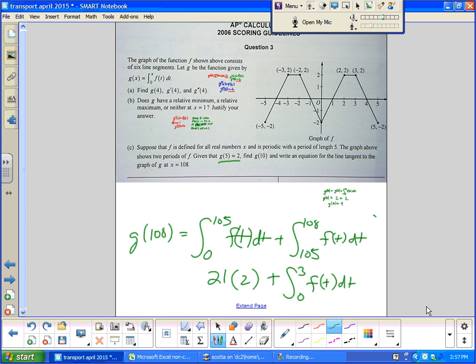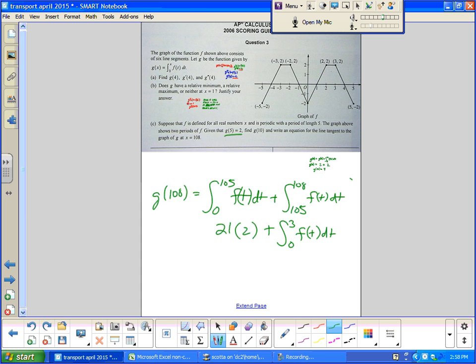If I do that, I can come up here to the graph, and I see these two are the same, so they cancel. And this rectangle underneath is 1 by 2. So I get 42 plus 2, and I get an answer of 44 for g of 108.